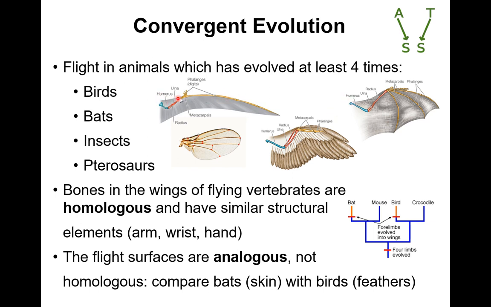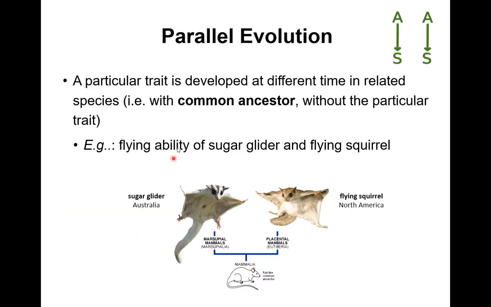But if you look instead at the bone structure, which has evolved through a common ancestor, they're all tetrapods. If you're referring only to the skeletal structure, this is the product not of convergent evolution but of divergent evolution, and this is referred to as a homologous type of character. We'll talk about that in a second.